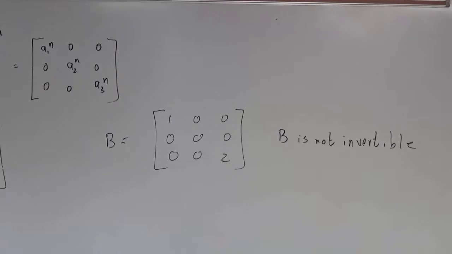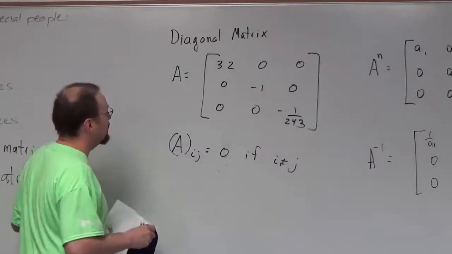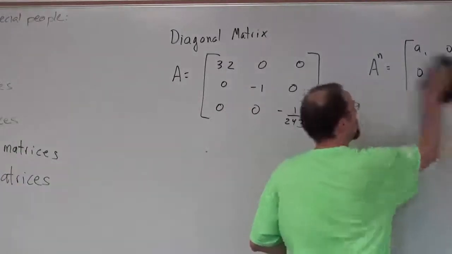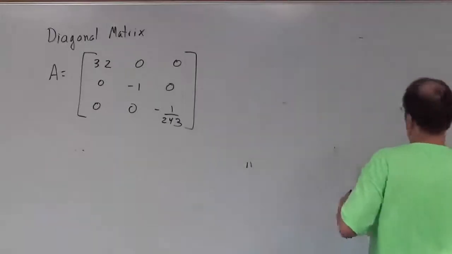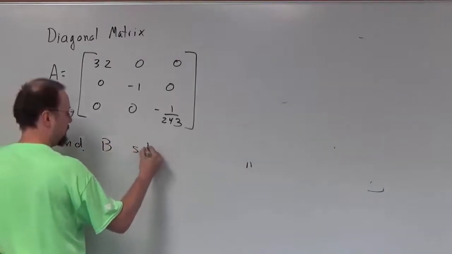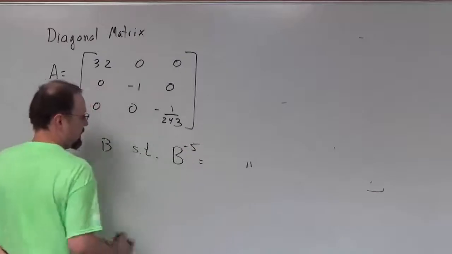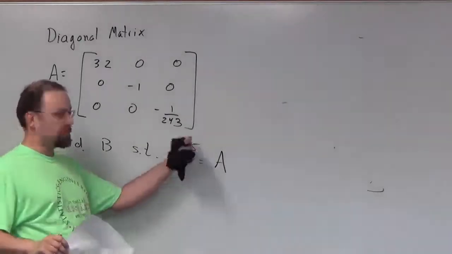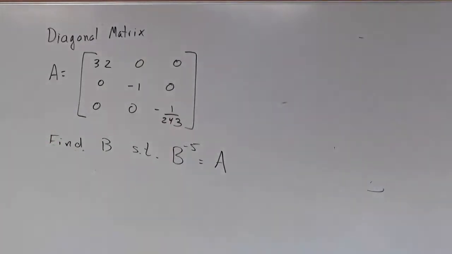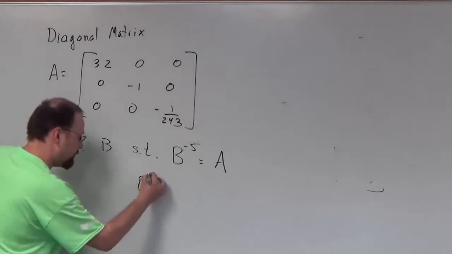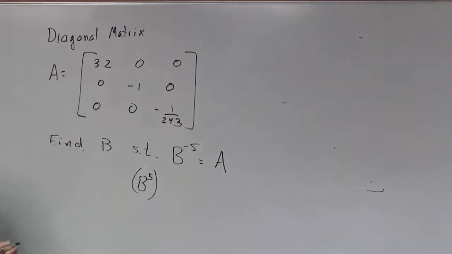Okay, so let's do an example. Suppose this is a diagonal matrix A, and we want to find a matrix B such that B to the -5 is equal to A. So let's find matrix B such that B to the -5 is A. Of course by this we mean B raised to the power 5 and then inverted gives you the matrix A. What does it mean for a matrix to be raised to a negative integer power?